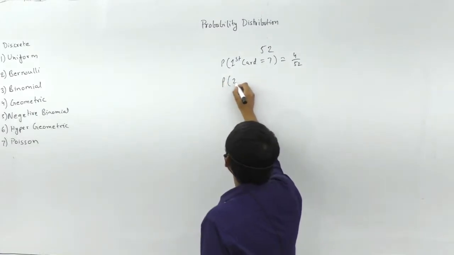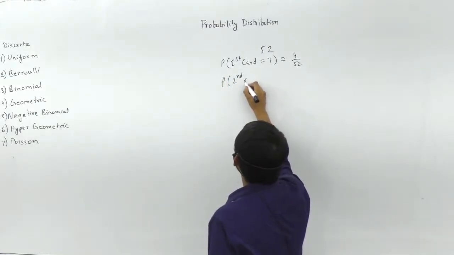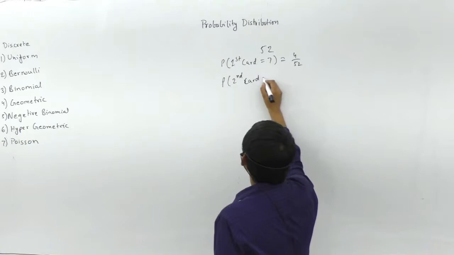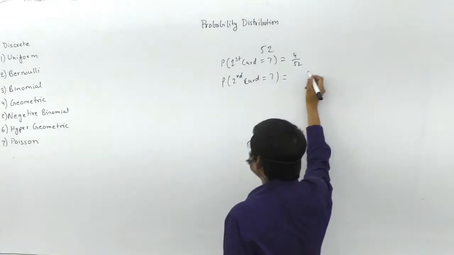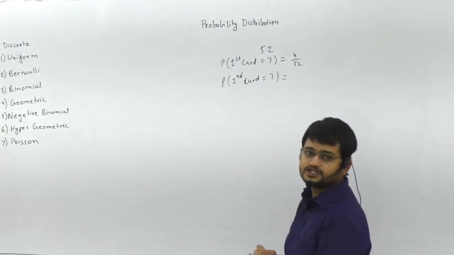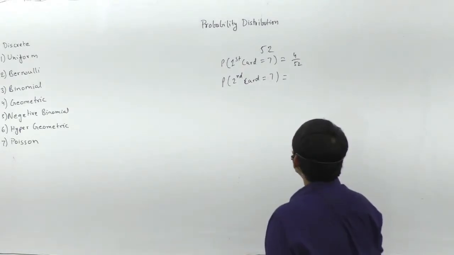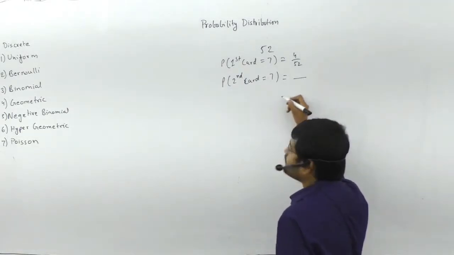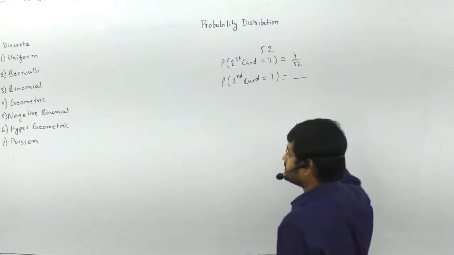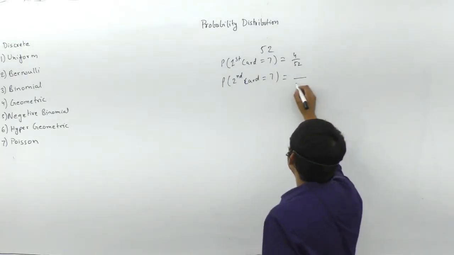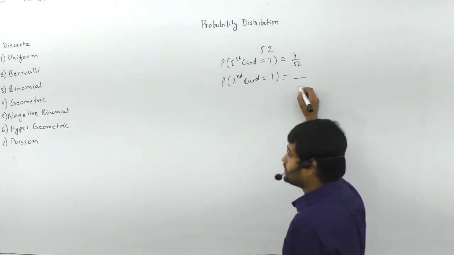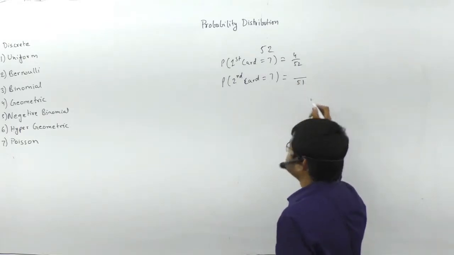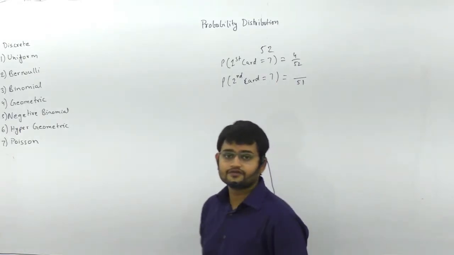But the probability of the second card being 7 would depend on whether my first card was 7 or not, because I'll now have only 51 cards in total.